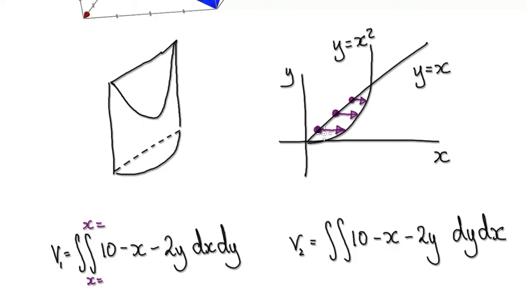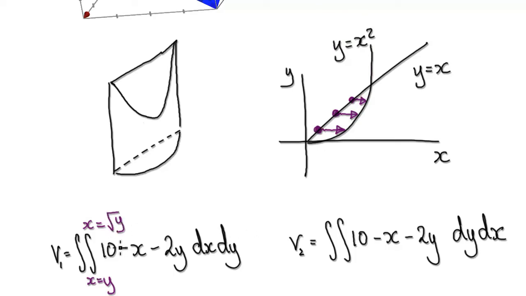So we start at here. What is the x value at that point? Well, it is y. So this would be y, and then where do we stop? We stop here. Where's this here? Well, we want it in terms of x, so we need to rearrange this to make x the subject, meaning it's going to be the square root of y.